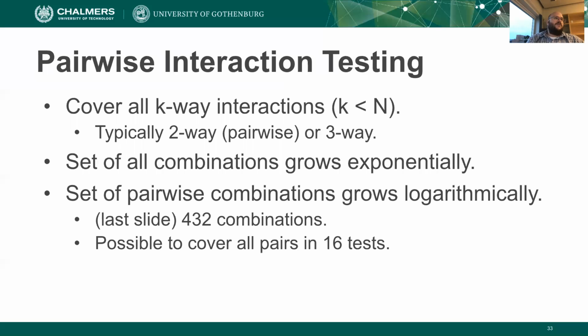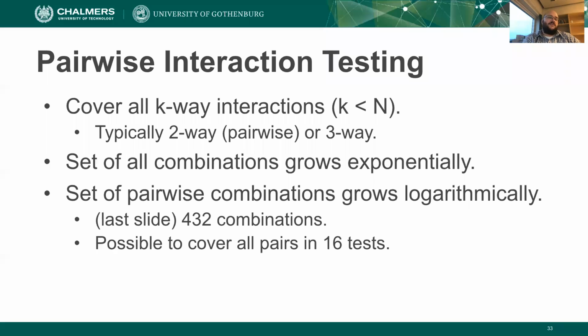Well, when it is reasonable to expect potential interactions between features, but covering all combinations isn't practical, one reasonable alternative is to cover all k-way combinations, some value less than the full n-way combinations. So maybe usually 2 or 3, but we're going to really focus on all two-way interactions here.